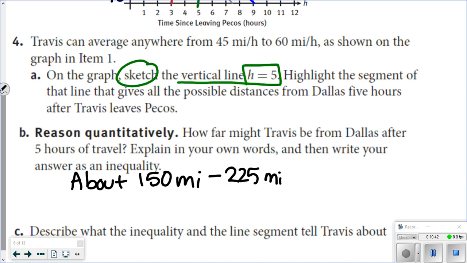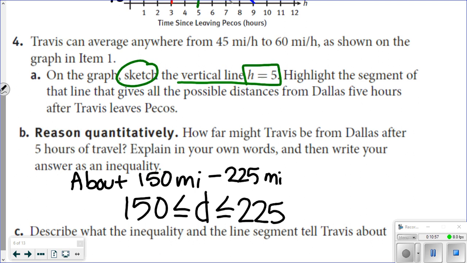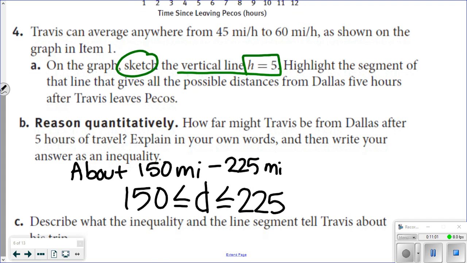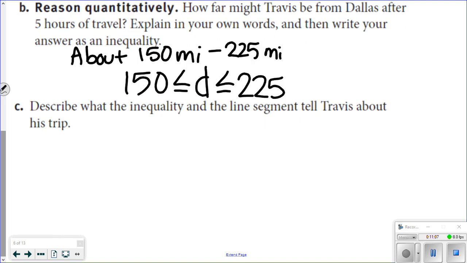So if we were to write this, it's 150 less than or equal to d for distance, less than or equal to 225. So describe what it means. What does the inequality represent? What does the line represent?